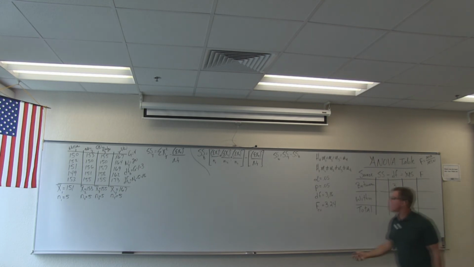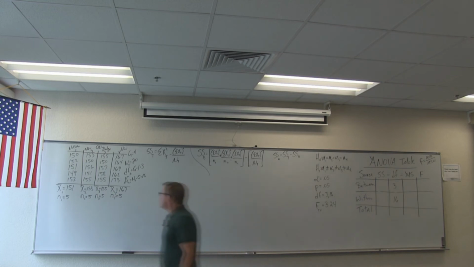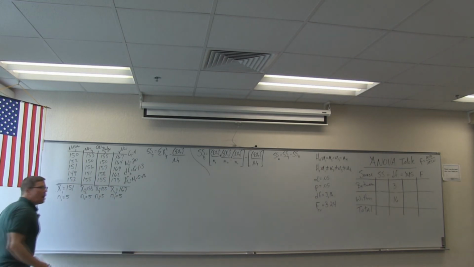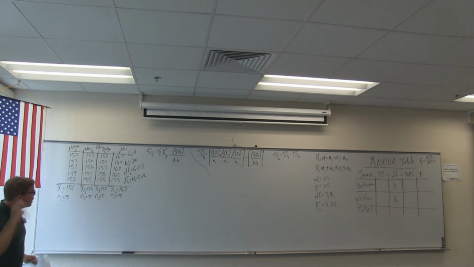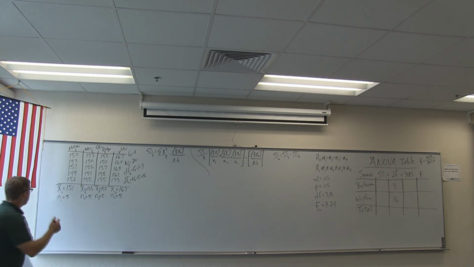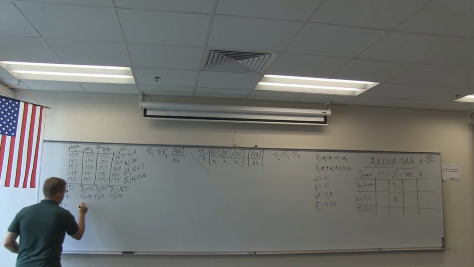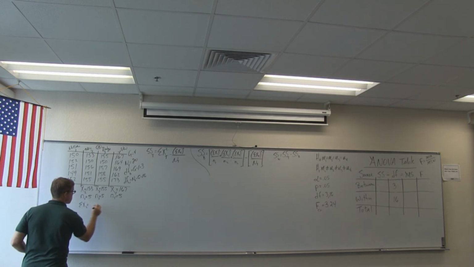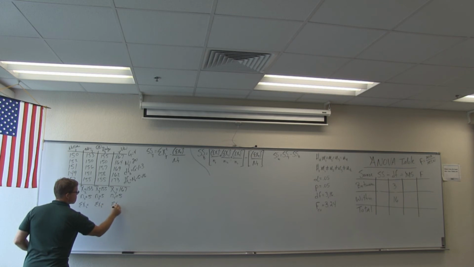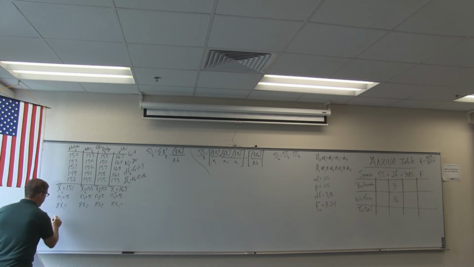We have to get the data set ready to compute this omnibus F, to actually begin the partitioning activities. We have to do a sum x for each of our groups and a sum x squared for each of our groups.